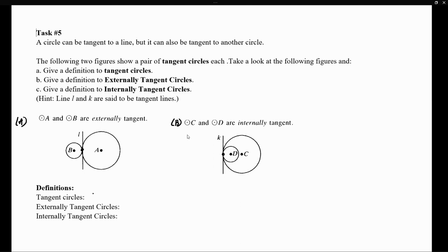So tangent circles are just circles that are tangent to the same line at the same point.